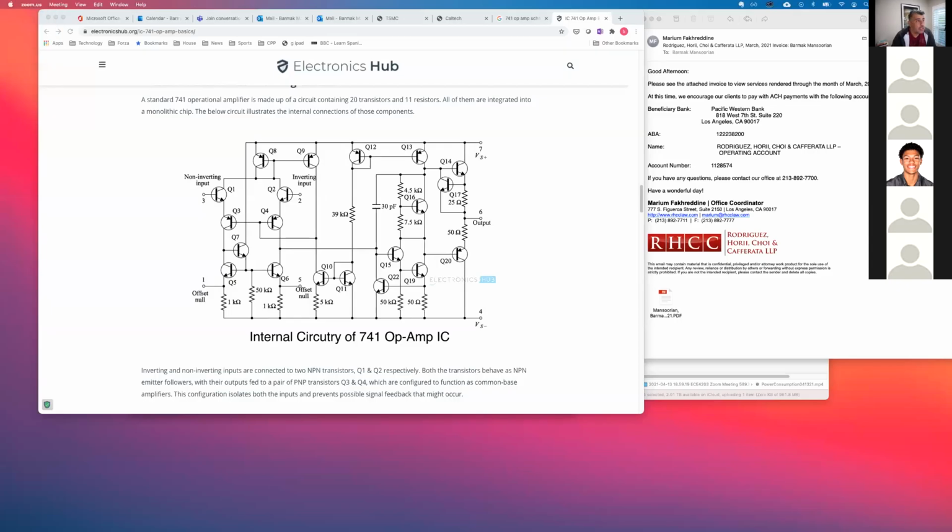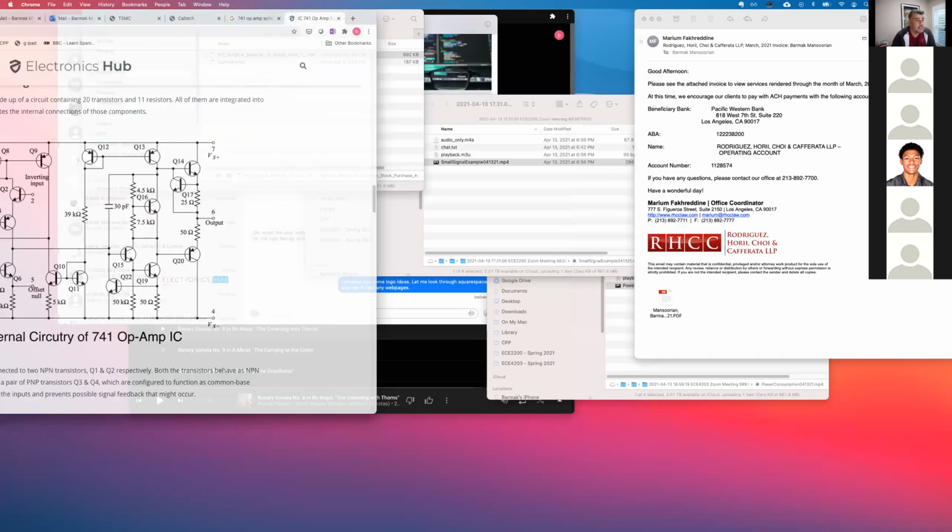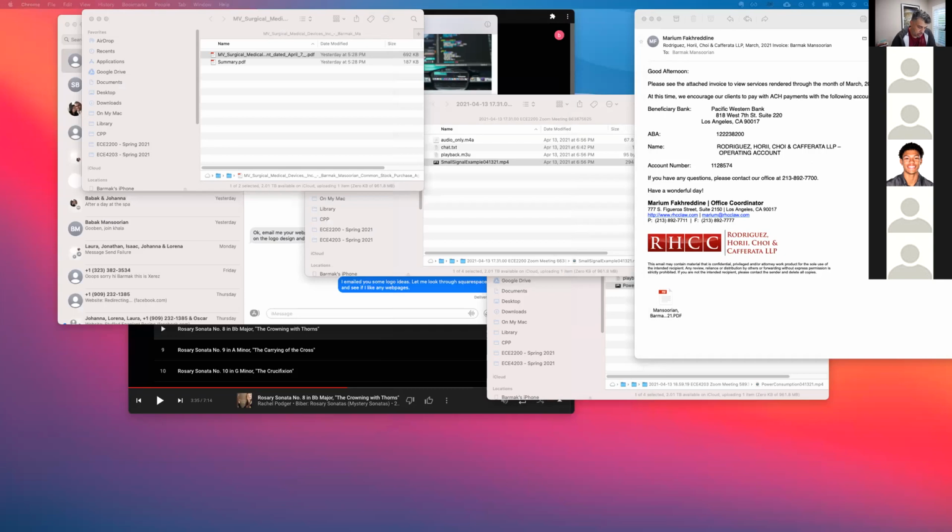This down. You guys see a schematic? No. What do you guys seeing? Are you still seeing my writing, or? No, we only see your desktop. Do you see something that says electronics hub? Nope.